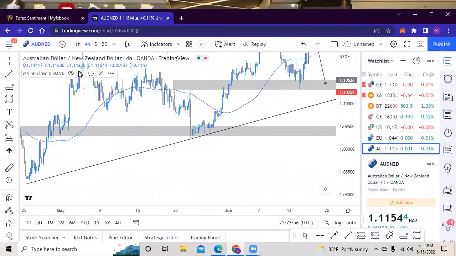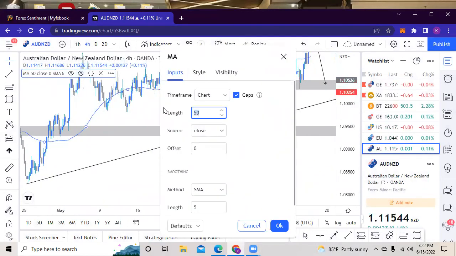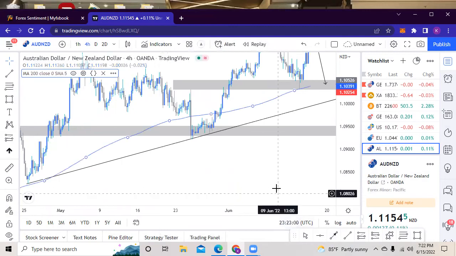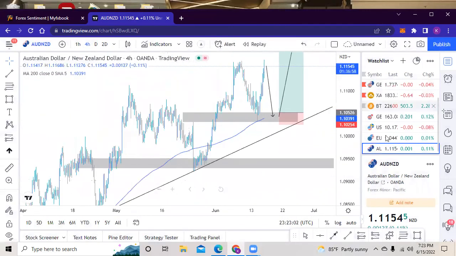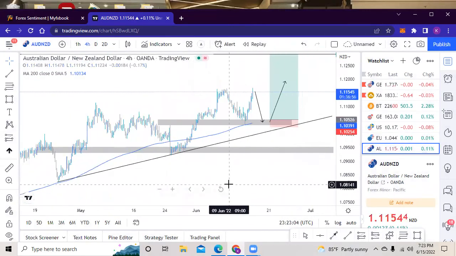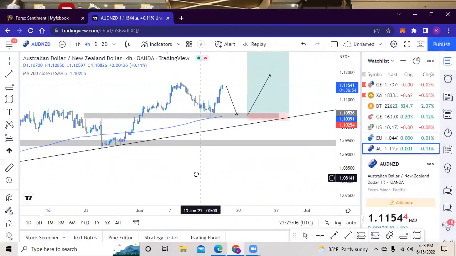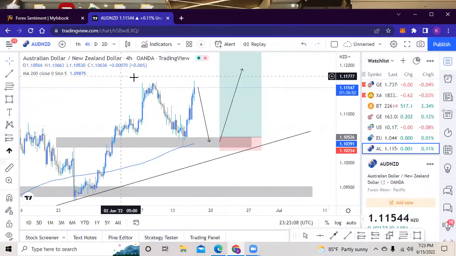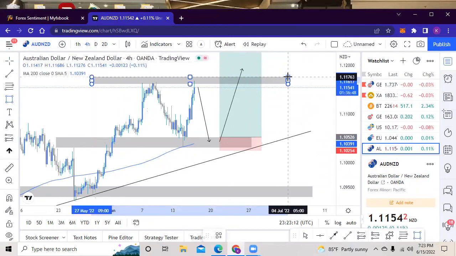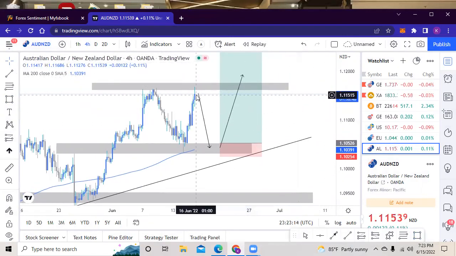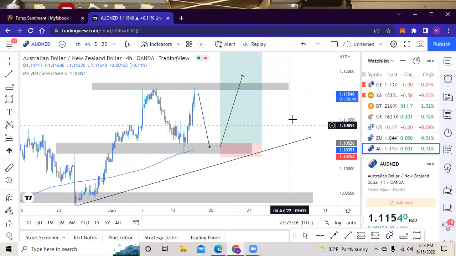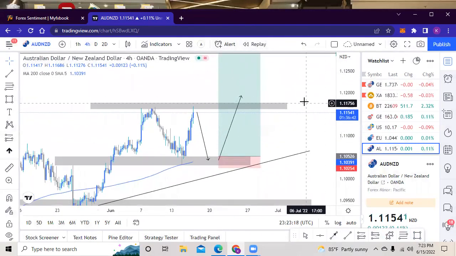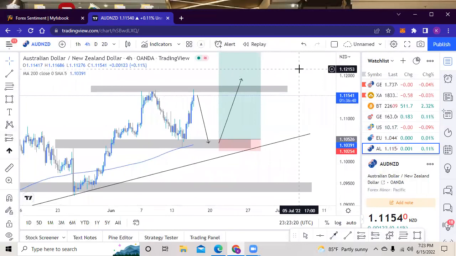Let's actually go with 200 since it's more likely to. As you can see, it's an uptrend. You don't want to be selling. You don't want to be doing what a retail trader is doing. I mean, you could sell from here since it's rejecting this point of interest, but you're better off waiting for it to get into this area and tap and go long since you are following the trend and you don't want to counter trend trade.